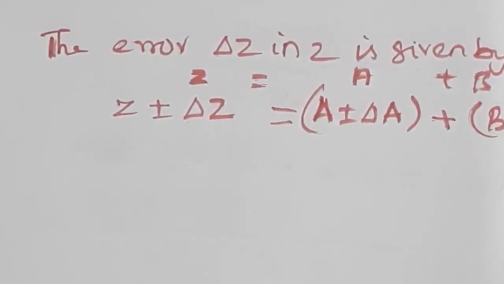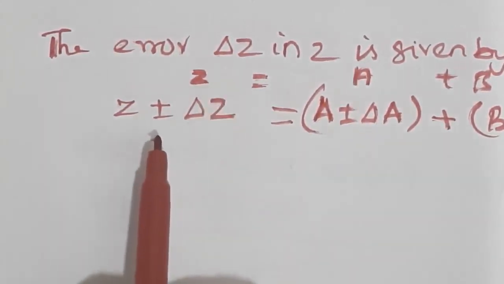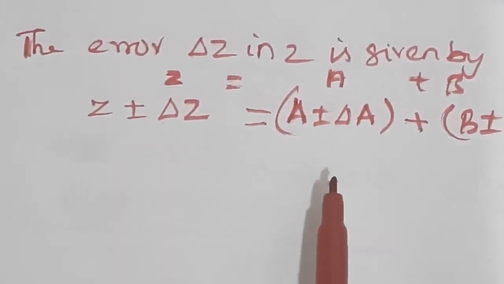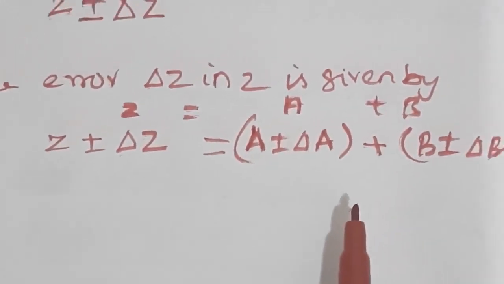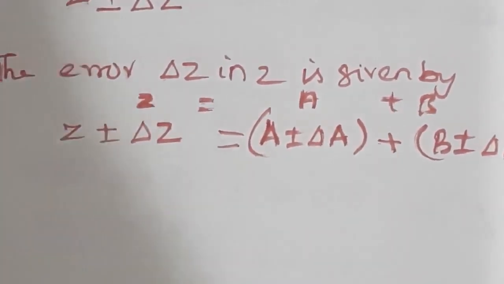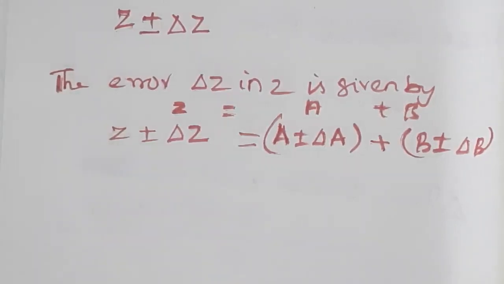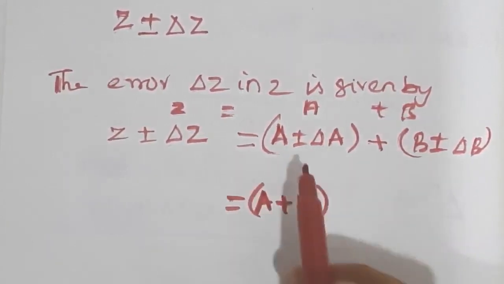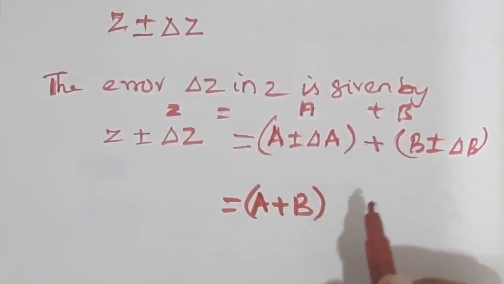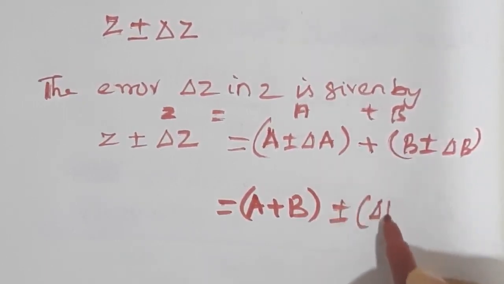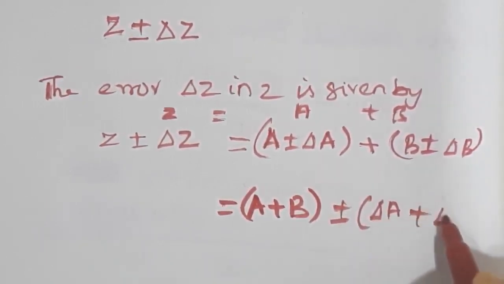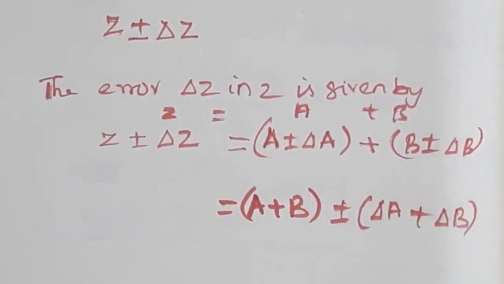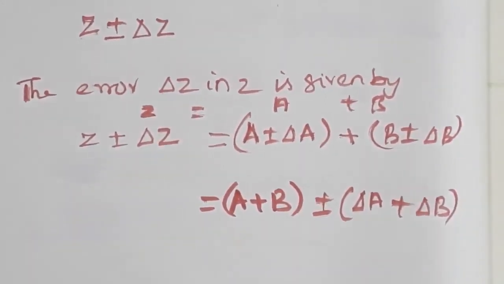So we write it in terms of error: Z in terms of error is Z plus or minus delta Z, A is A plus or minus delta A, and B is B plus or minus delta B. Now we can write A plus B on one side, then plus or minus delta A plus delta B.